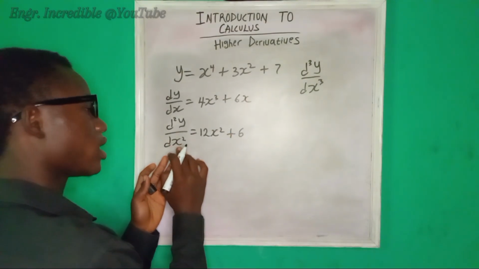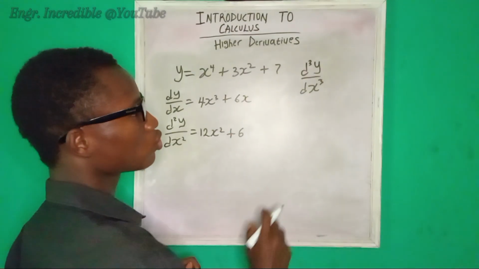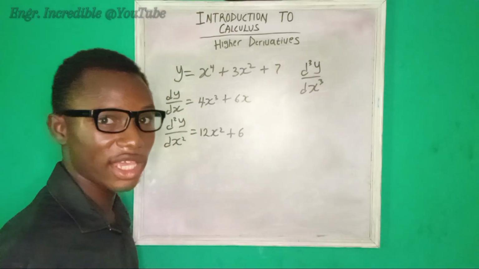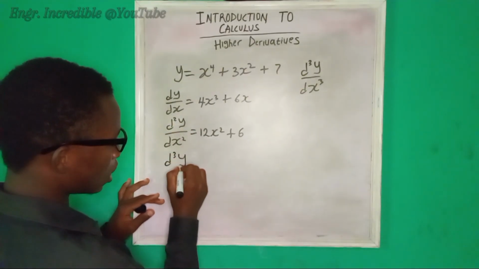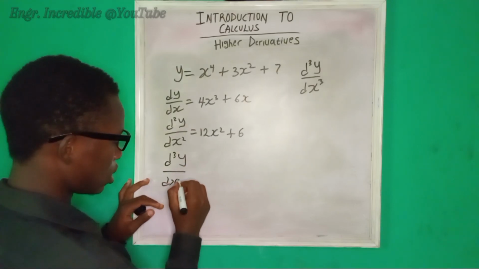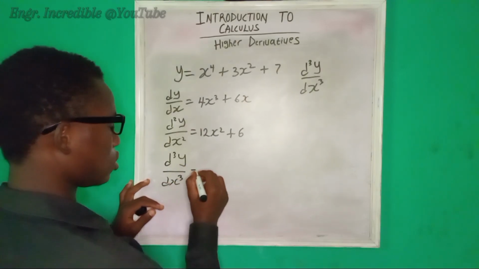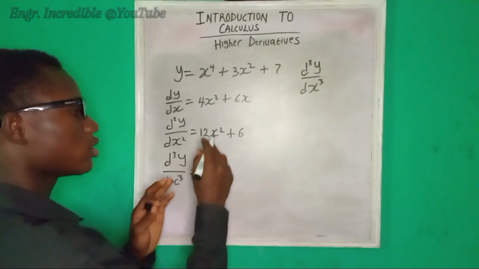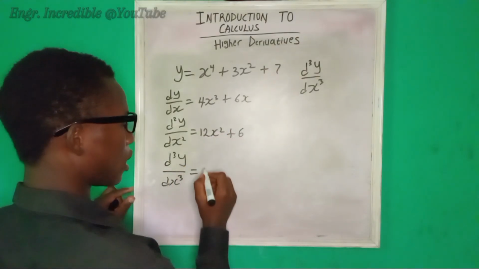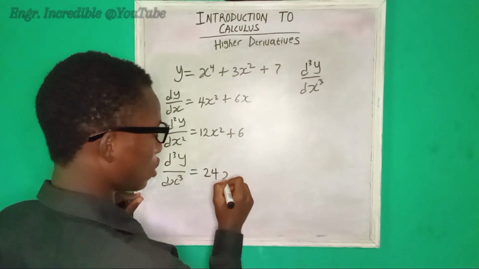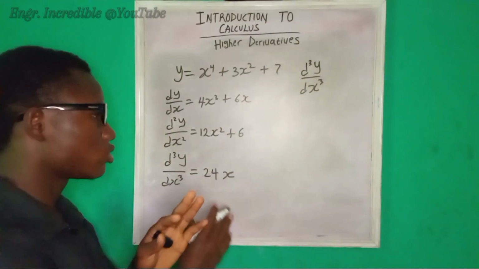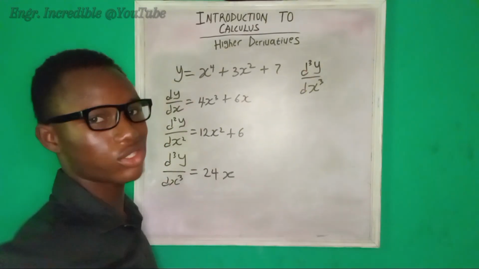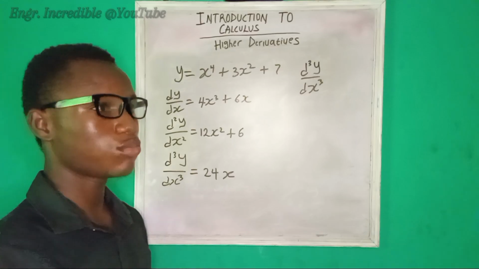We have our d²y/dx², but they ask us to find d³y/dx³. So d³y/dx³ equals, differentiating this, 24x plus 0, which will be omitted. So now we have our d³y/dx³. It is as simple as that.